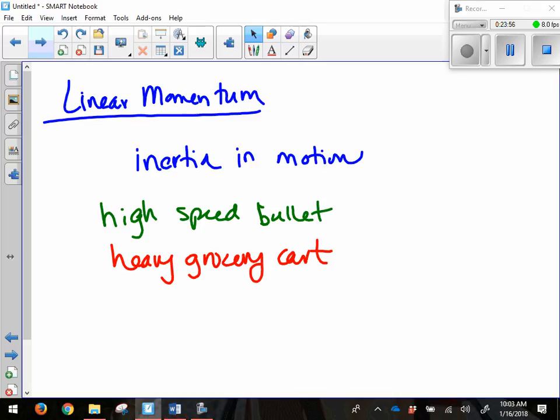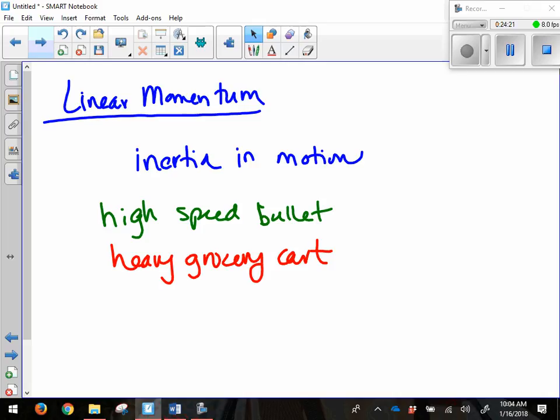It's a very massive cart. When that cart starts going down the incline, and your car's right there, think about how hard it is to try to change the direction of that cart.